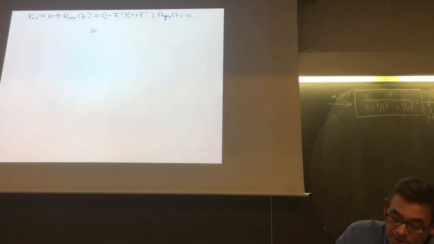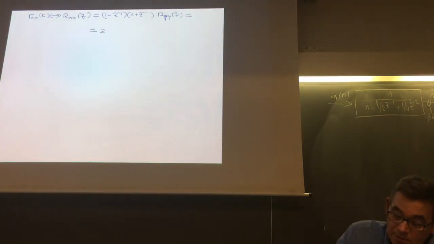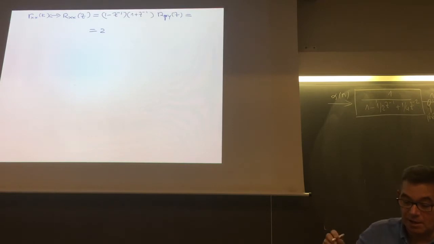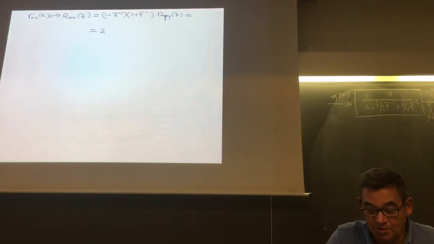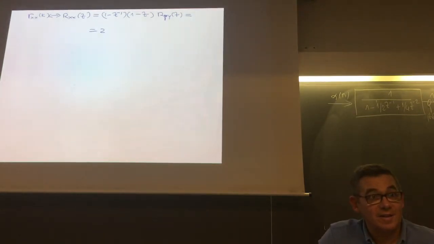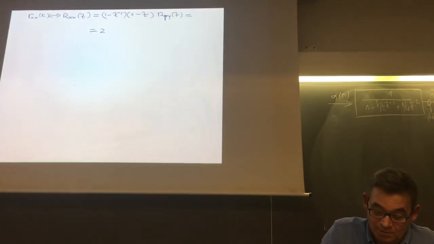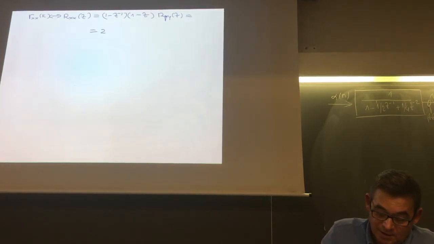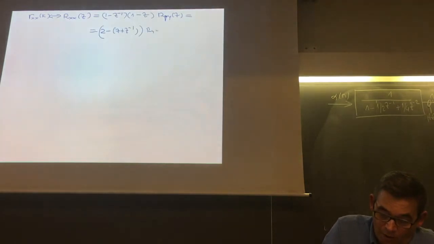So this one is 2... oh, there is a mistake. 1 minus... okay, now it's right. So it's 2 minus Z plus Z to the minus 1, multiplied by Ryy(Z).